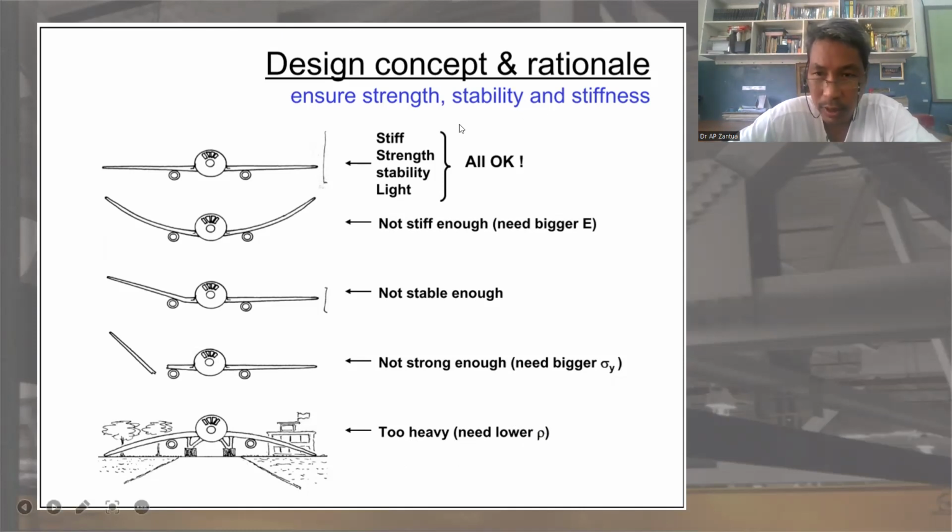So we should be able to choose, design a material with lower density so that the engine could be able to carry the self-weight. Okay, self-weight is just a load in addition to the passenger, pilot, crew, and the luggage.